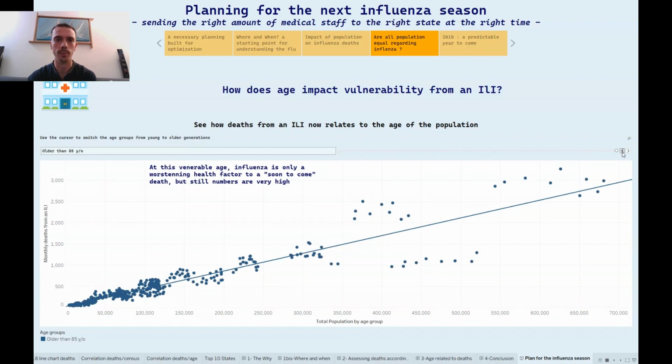Now that we know population should be taken into account and age also, especially for the older part of the population, what will be used now for 2018, the upcoming year, the next influenza season?